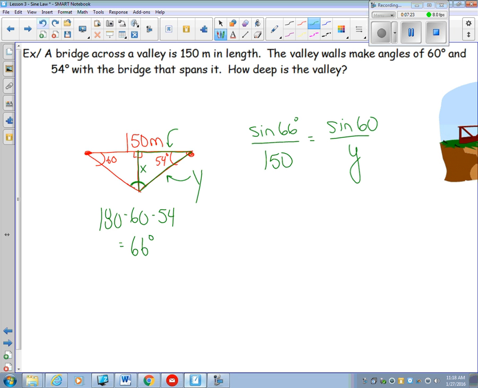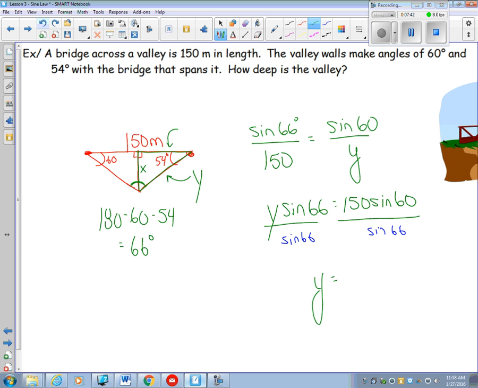I can cross multiply: y sine 66 and 150 sine 60. Okay, divide out the parts I don't want. So that's the sine 66 here, sine 66 there. I'll end up with y equaling 142.2.